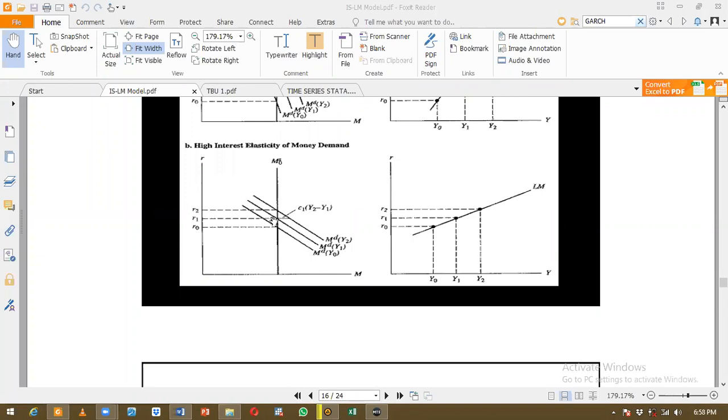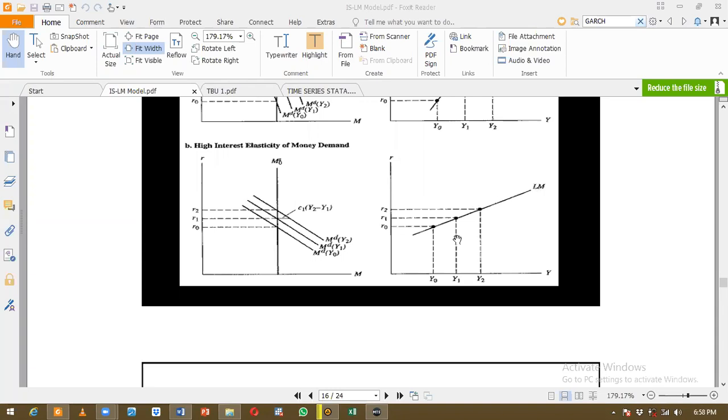There's a disequilibrium. But because the money demand is more interest sensitive, you will see the change in interest rates is very small, and just this small percentage increase in interest rate could bring the market back to equilibrium, all because the money demand is more sensitive to interest rates.